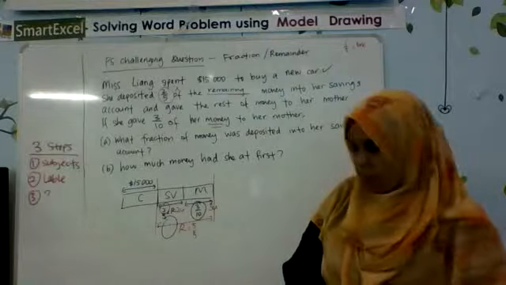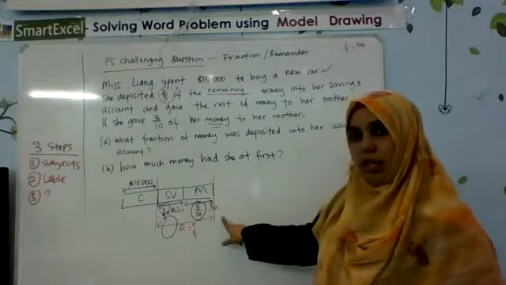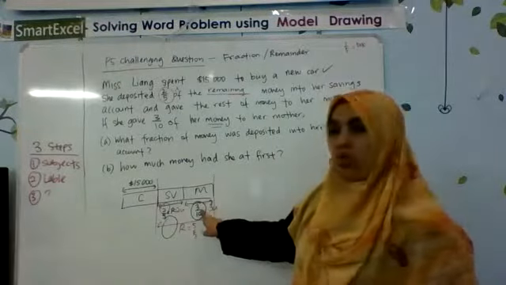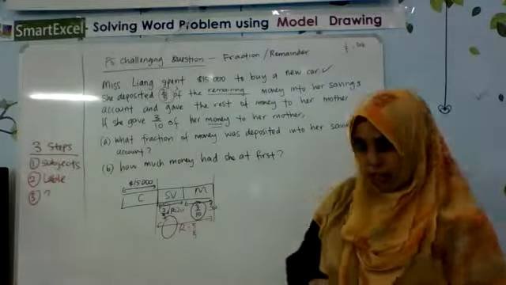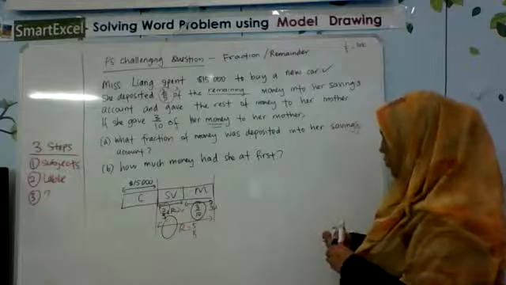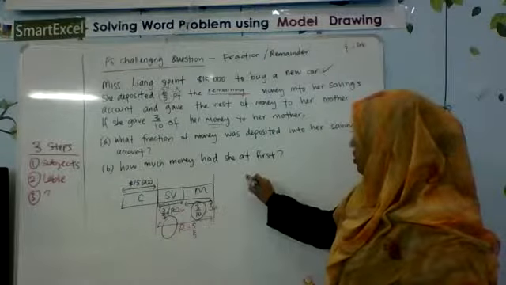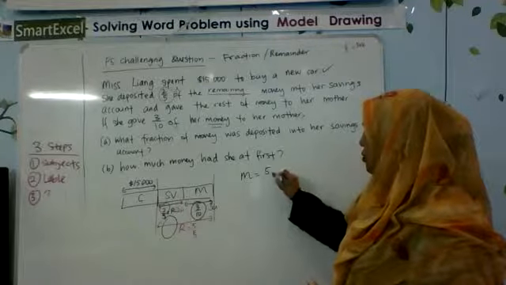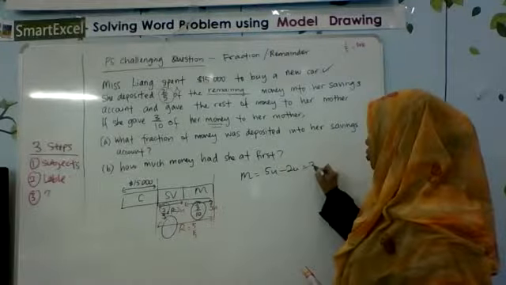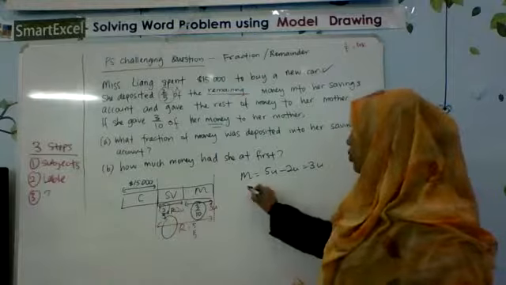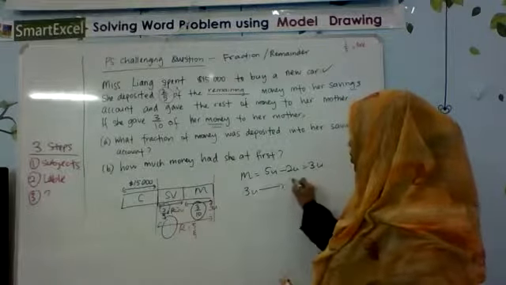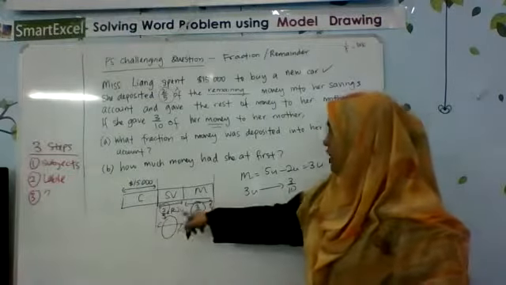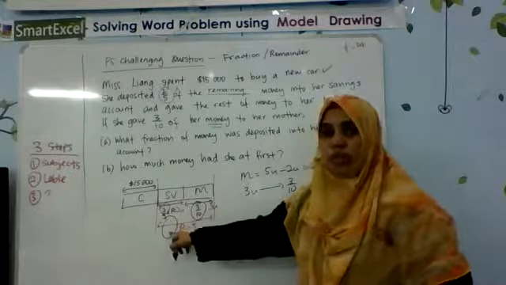In terms of units, the mother is 3 units, and in terms of fraction, 3 units is equivalent to 3/10. So your first step: the mother, 5 units minus 2 units equals 3 units. Then you know your 3 units is equivalent to 3/10, and you need to find the saving in terms of actual fraction.